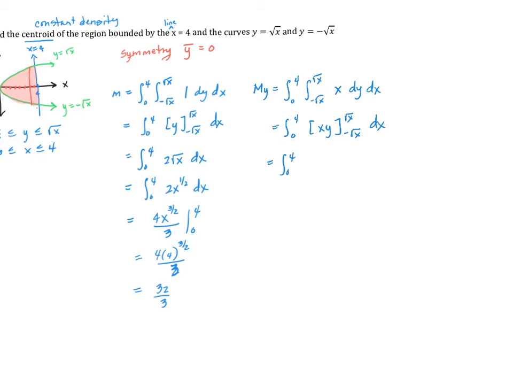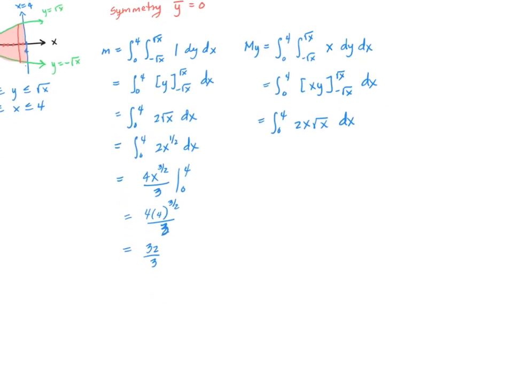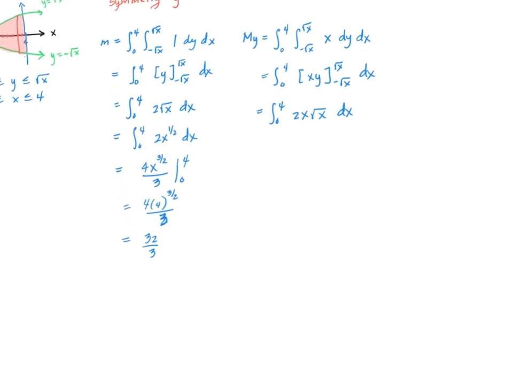This would be 2x square root of x, I believe. Which is 2x times x to the 1/2. This is going to be 2x to the 3/2. Which in turn would be 2x to the 5/2 over 5/2. That'll turn into 4x to the 5/2 over 5.